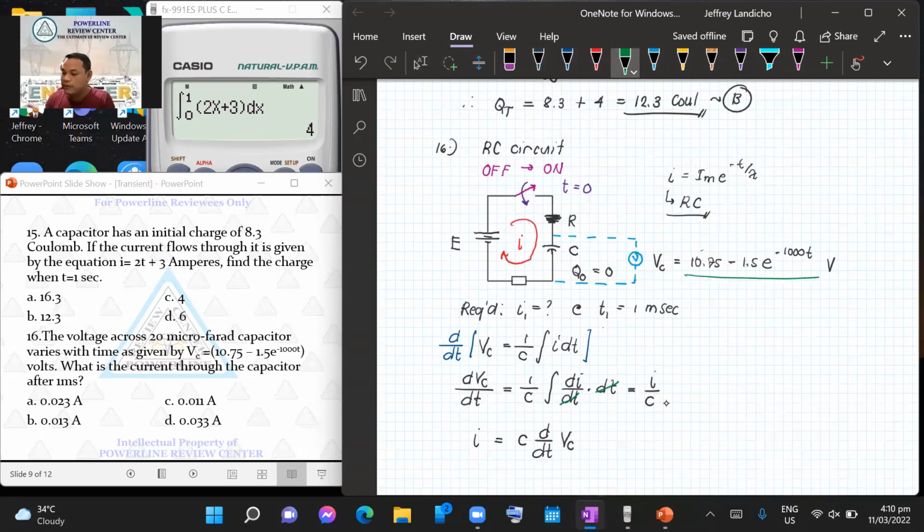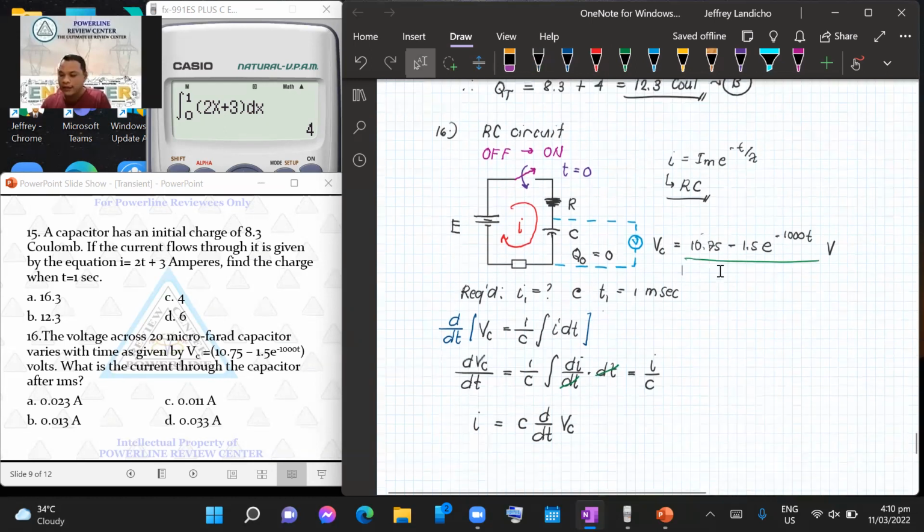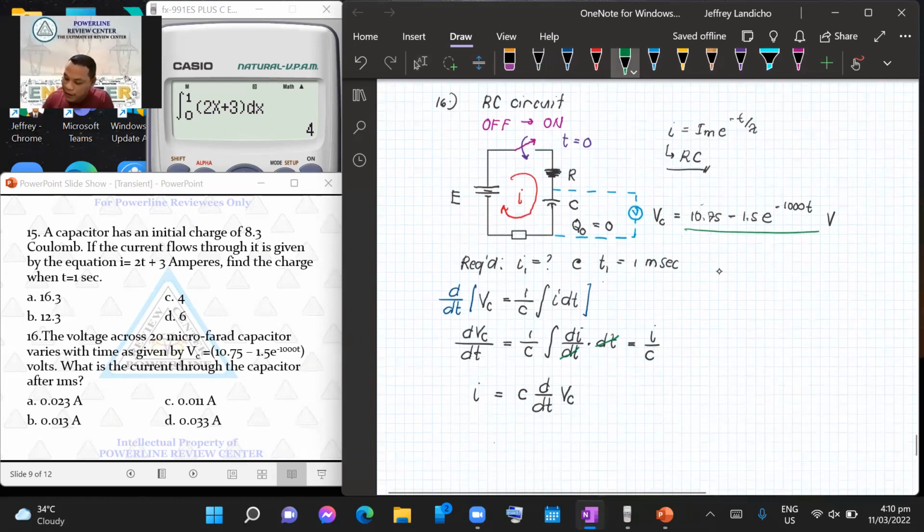What is the voltage across the capacitor? There, we substitute. When do we get the current? After 1 millisecond. Okay? Got it? So we can substitute. The capacitance of this capacitor, according to the problem, is 20 micro, so I have 20 times 10 raised to negative 6.